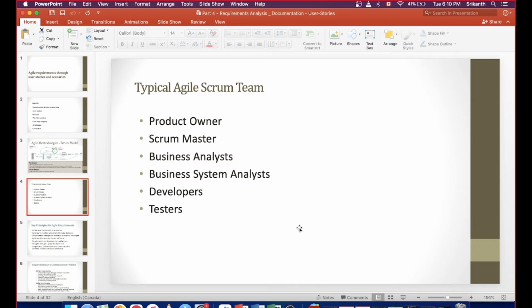And every 2 week sprint you will be picking some number of user stories from the product backlog, taking them into the sprint, developing them, testing them, and delivering them at the end of each sprint.